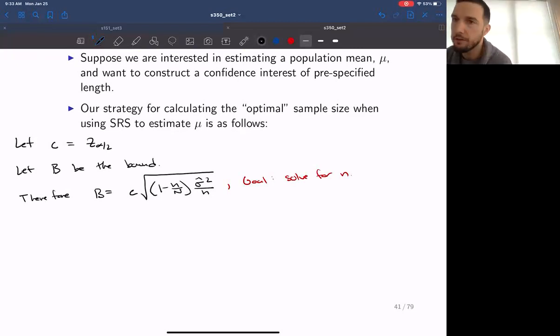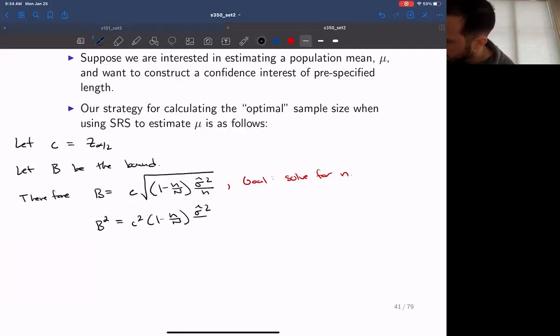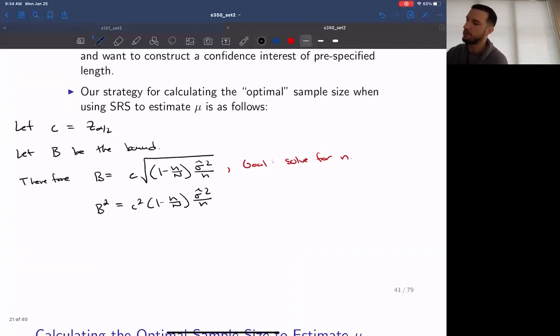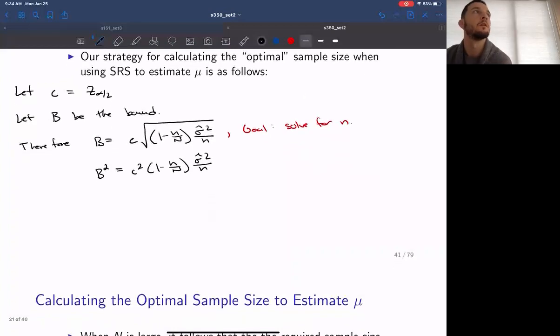Okay, so there's a few different ways that you can go about doing this. This is the way that I typically have shown. So we can start by squaring both sides. And then what we can do is expand out our fraction here.